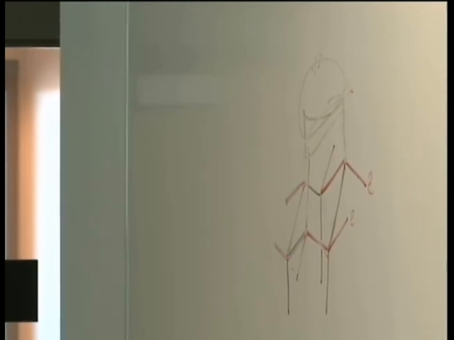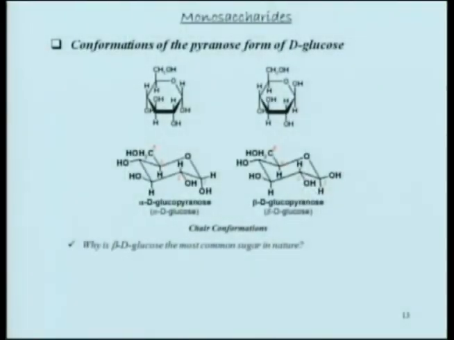And the equatorial is relatively more open. Because of that, what do you think would be the dominant form in real life, in water, in solution, between alpha D and beta D? Beta.